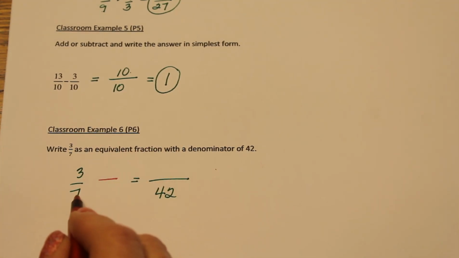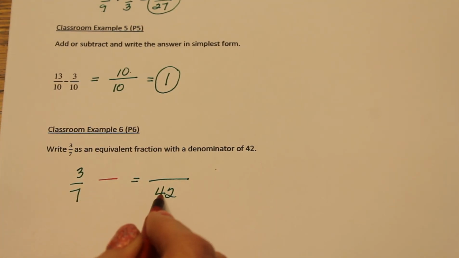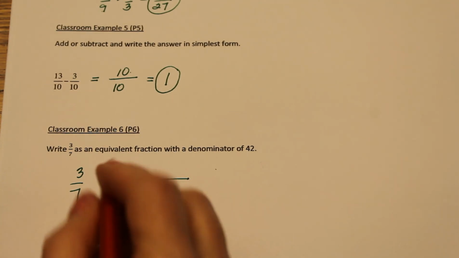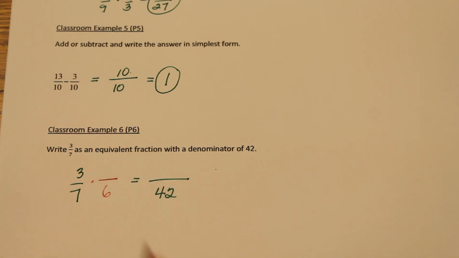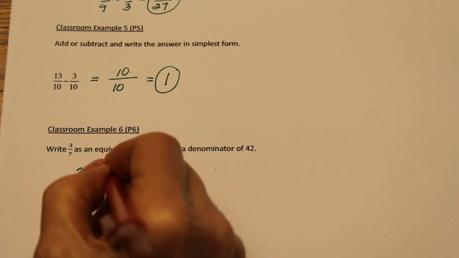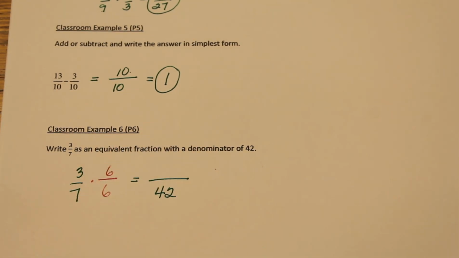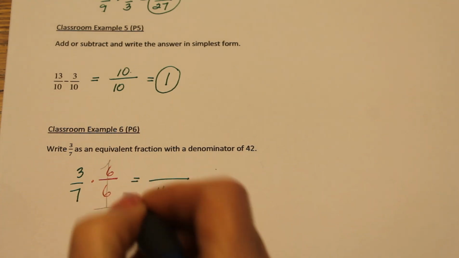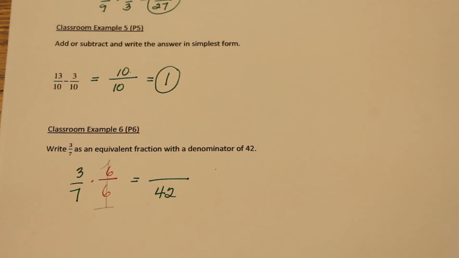All right, so what did I have to multiply 7 by to get 42? In other words, 42 divided by 7. 7 times 6 is 42. Well, you cannot just multiply a denominator by 6. Whatever you do to the denominator, you have to do to the numerator. So I'm going to multiply my fraction 3 over 7 by 6 over 6. Remember, this is just like multiplying by 1. Any number over itself is 1.